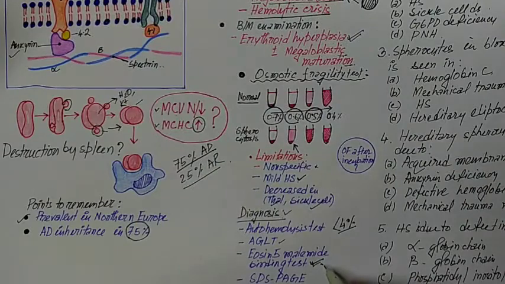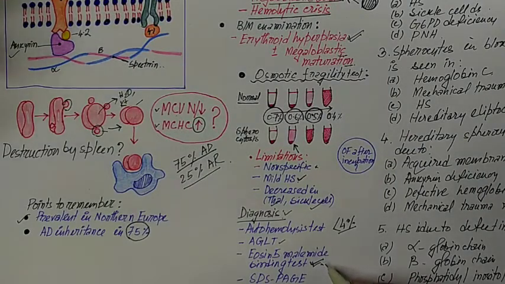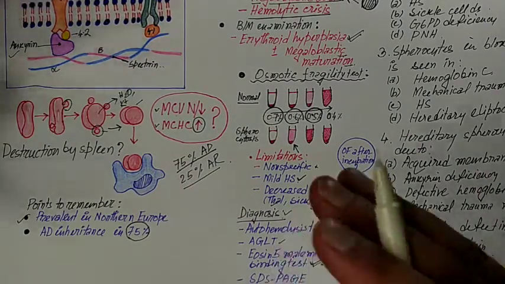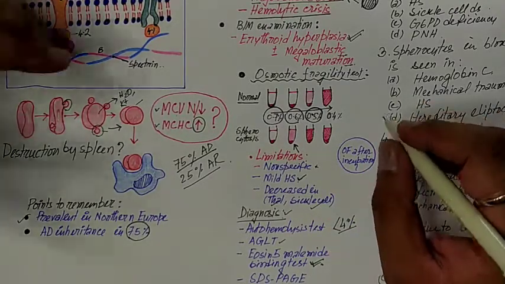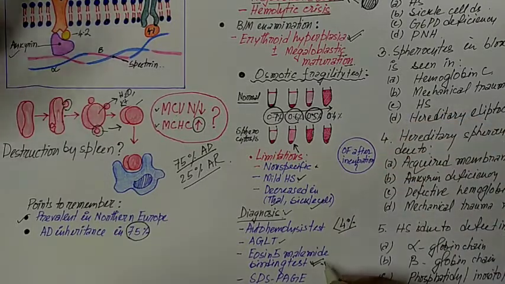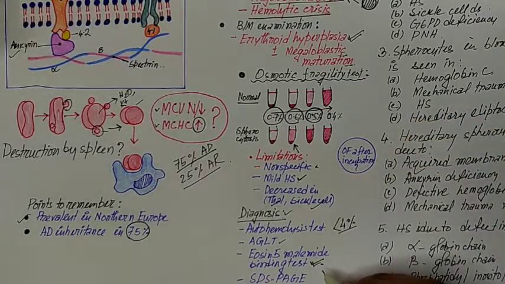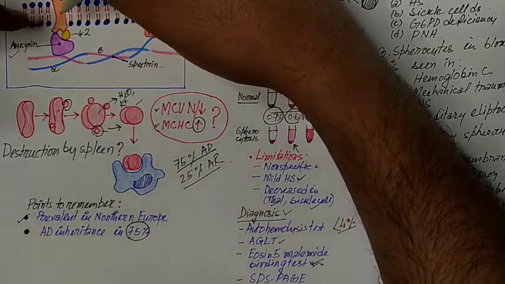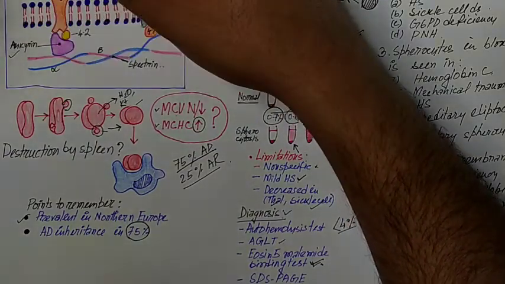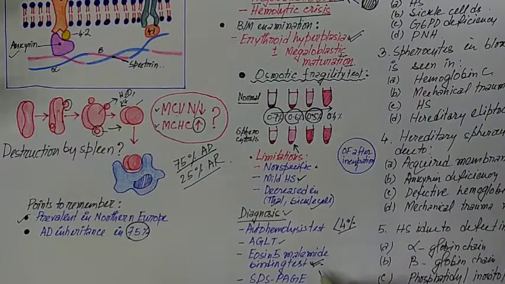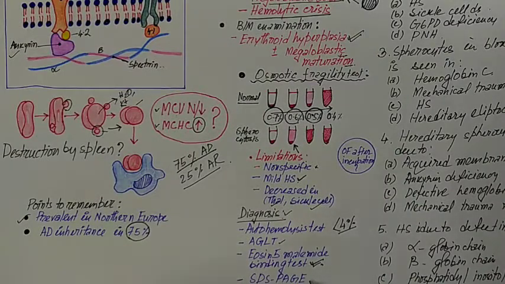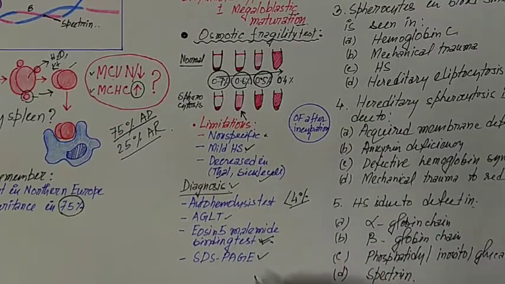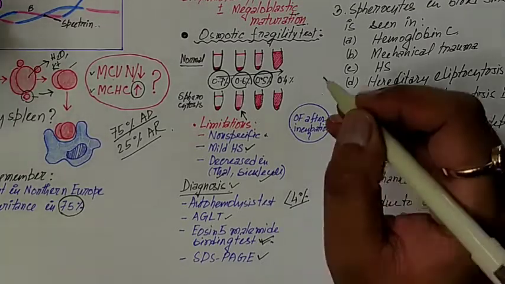After binding, the red cells are analyzed with flow cytometry, and the intensity of the dye is measured. If there is a defect in the band 3 protein or this association of proteins, we get much less fluorescence in case of hereditary spherocytosis.